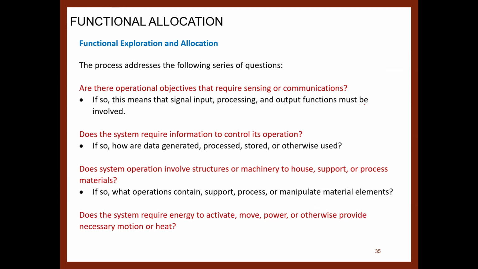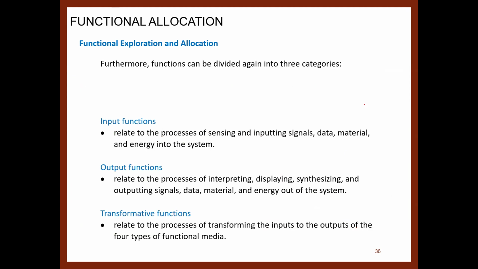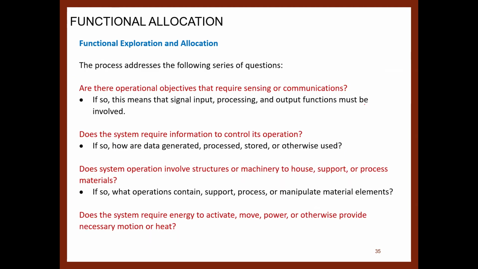If so, what operations contain, support, process, or manipulate material elements? And then finally, does the system require energy to activate, move, power, or otherwise provide necessary motion or heat? If you answer yes to all of them, then you know that you have a group of functions associated with each one of these mediums.